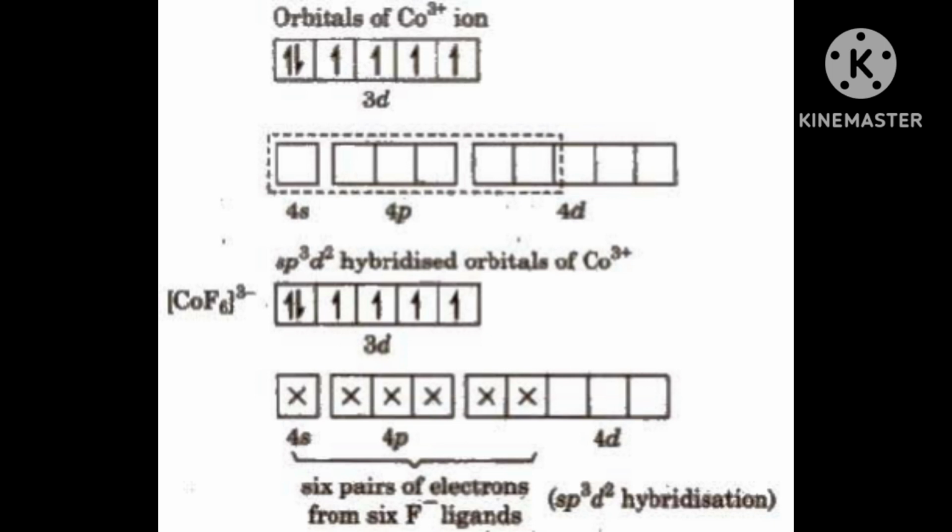First 1, 1, 1 in each, then 5 is over. Then 3 will again be paired, following Hund's rule. Now, out of 5, 3 are paired and 2 are unpaired, meaning single electrons. So 5 plus 3, then 2 are unpaired in the d orbitals.